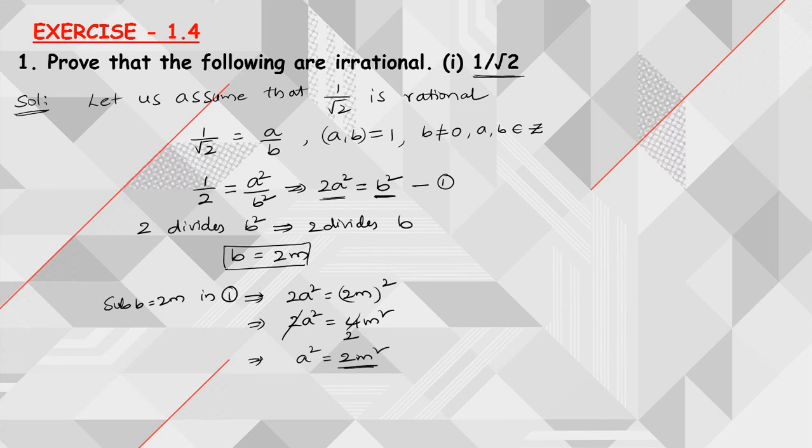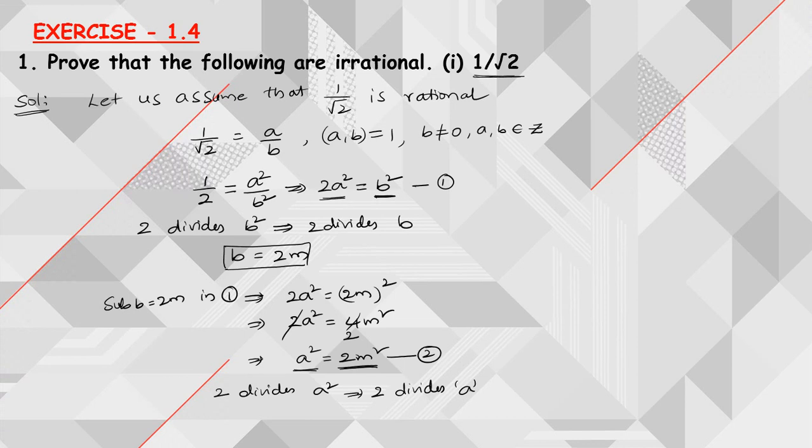Now clearly you can observe that the right hand side is 2 times m square, which is an even number, so clearly a square is an even number. Then again I can say that 2 divides a square. When 2 divides a square, then 2 divides a also. This is exactly the opposite of the example which we have discussed for root 2, right?